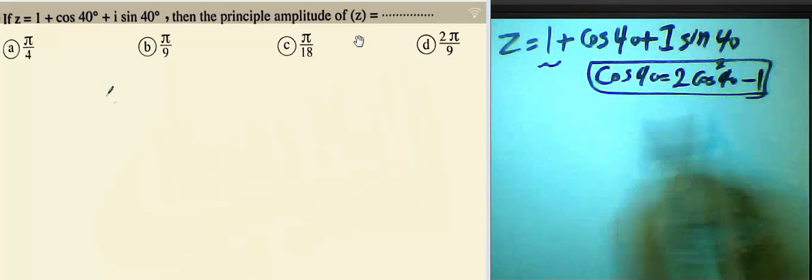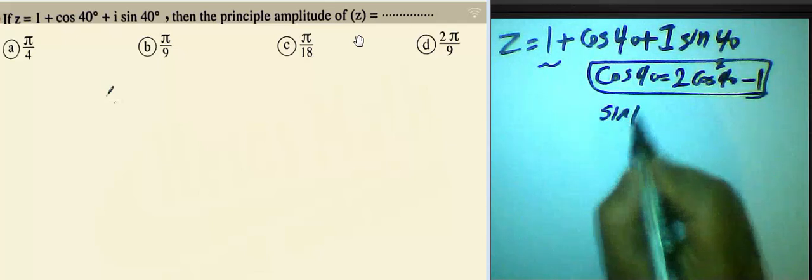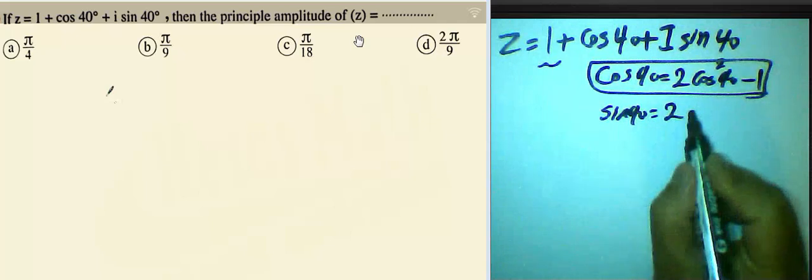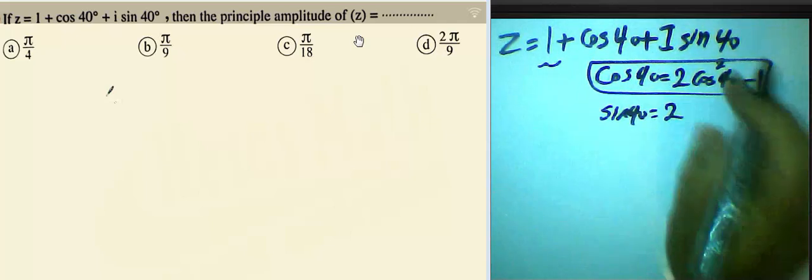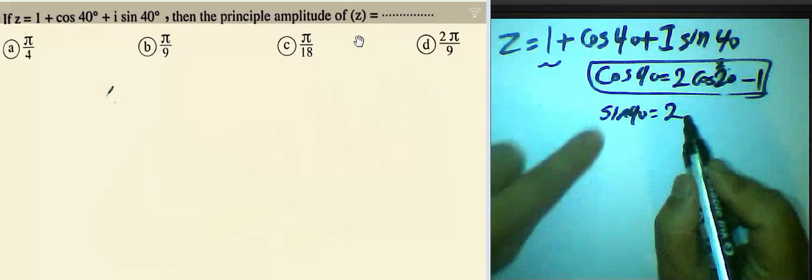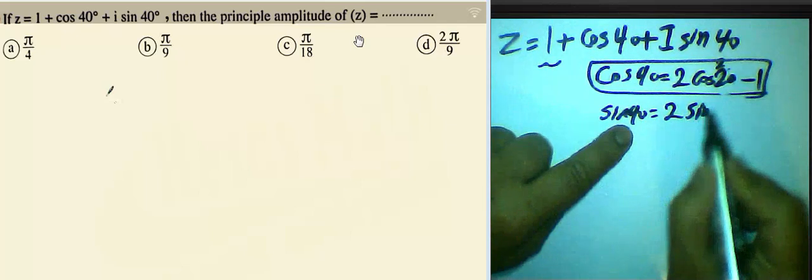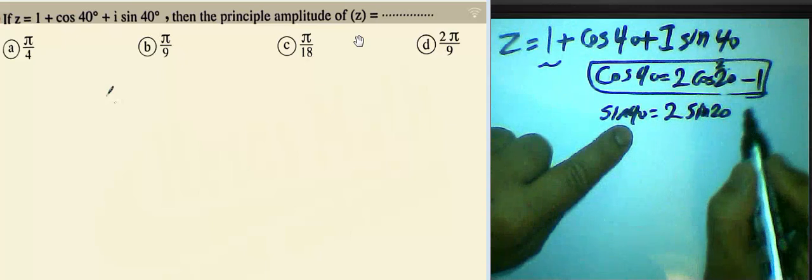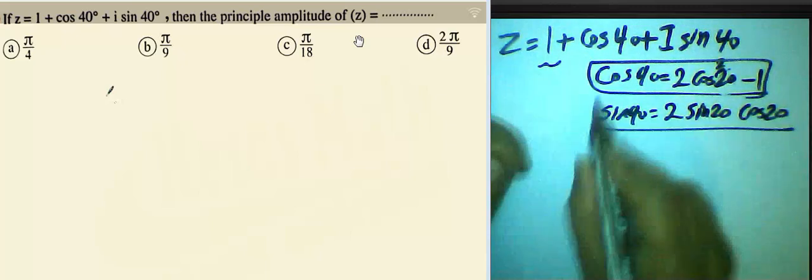And sine 40, here 20 is half of this angle, equals 2 sine 20 cosine 20, by this rule.